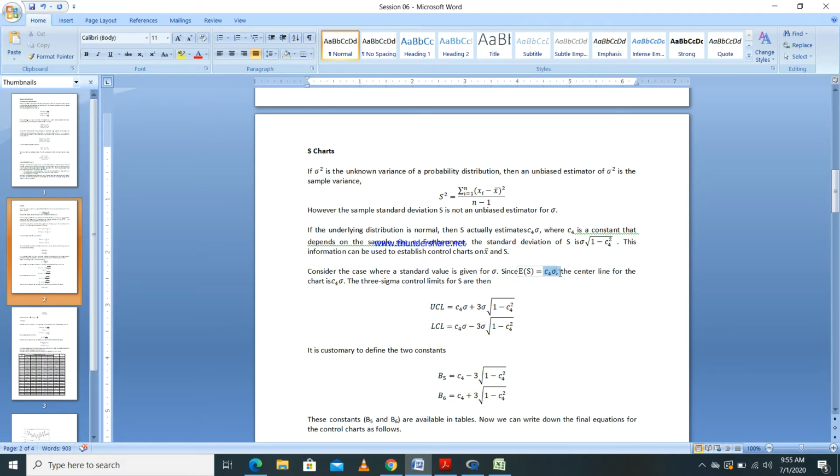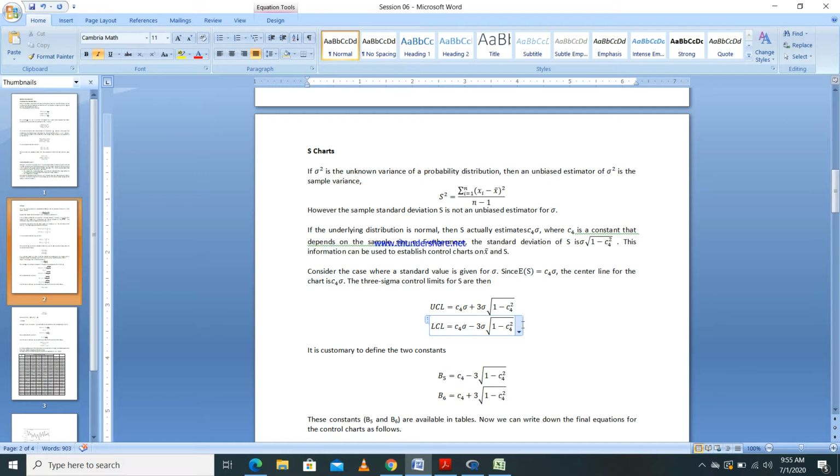And when you are constructing the upper control limit, you can construct it using this equation, that is C4 times sigma plus 3 sigma square root of 1 minus C4 squared, right? And the lower control limit is C4 sigma minus 3 sigma square root of 1 minus C4 squared.